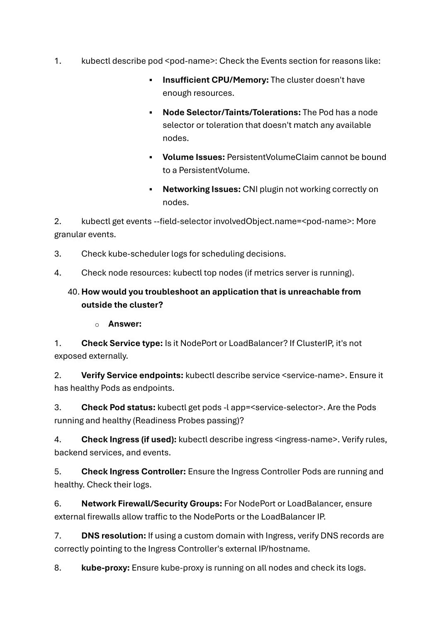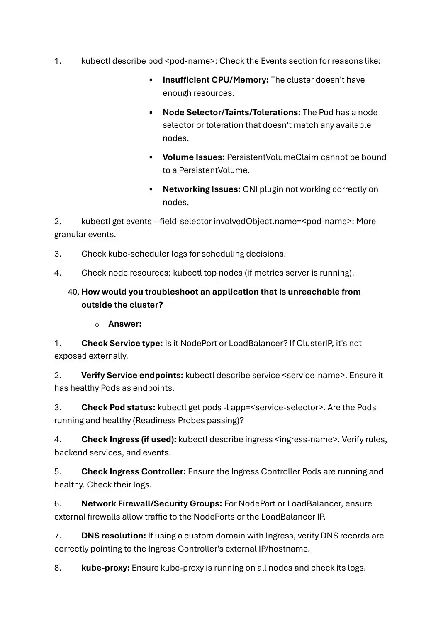Readiness probes passing. 4. Check Ingress, if used. kubectl describe ingress. Verify rules, backend services, and events. 5. Check Ingress controller. Ensure the Ingress controller pods are running and healthy. Check their logs. 6. Network firewall, security groups.